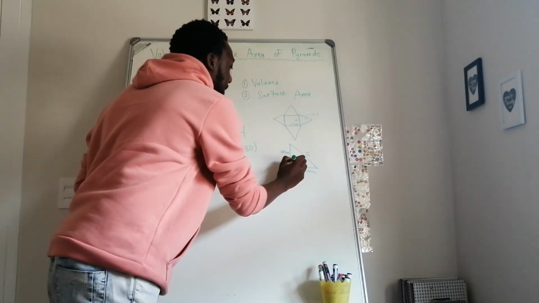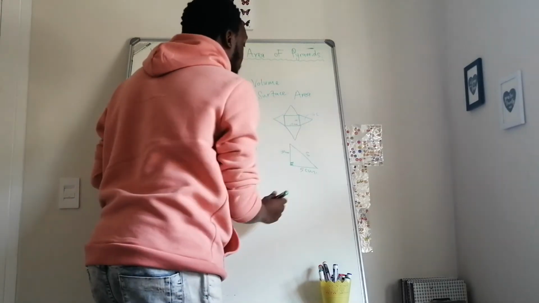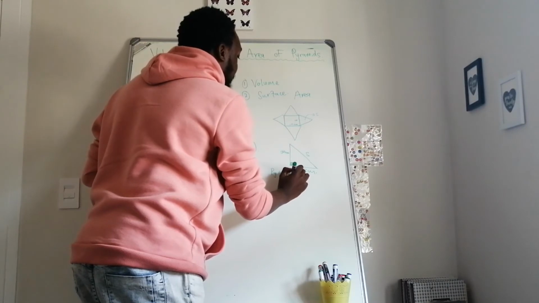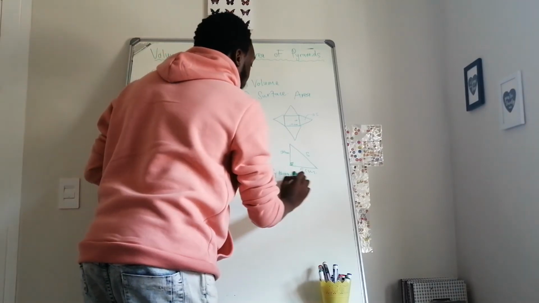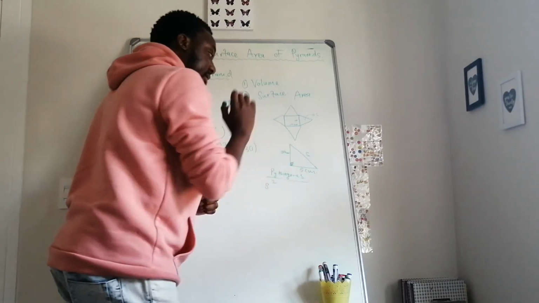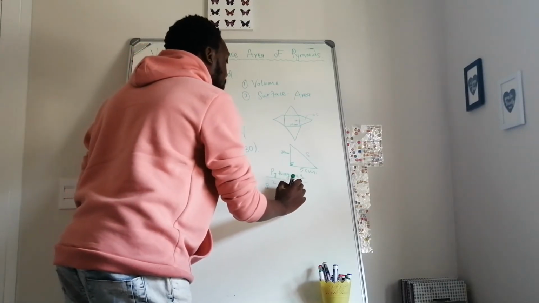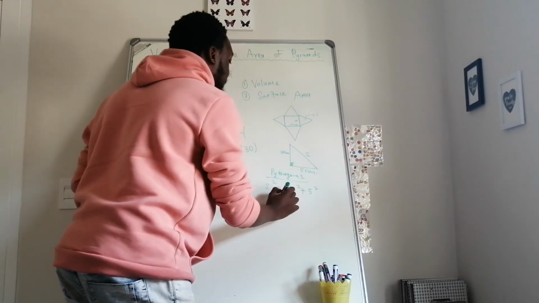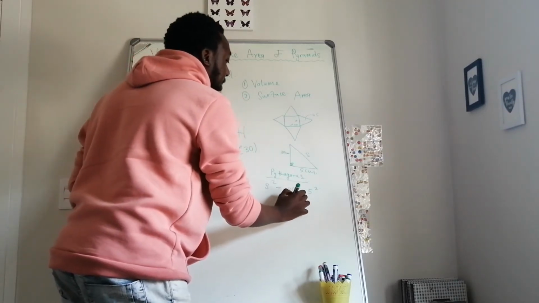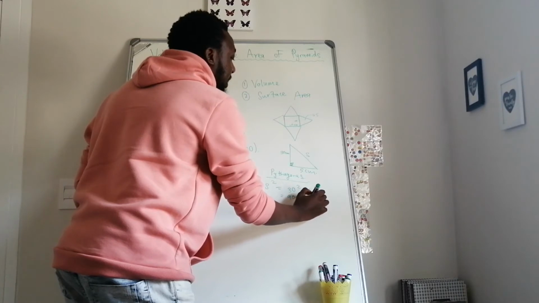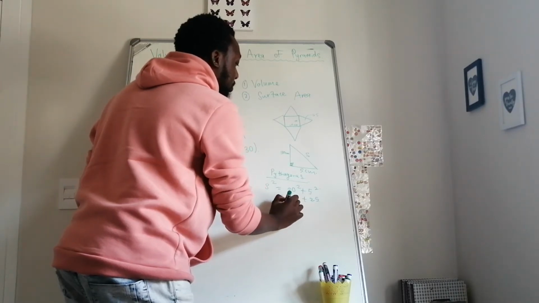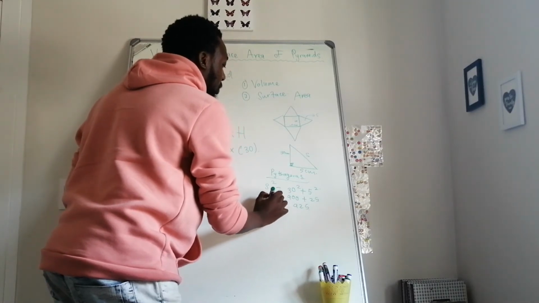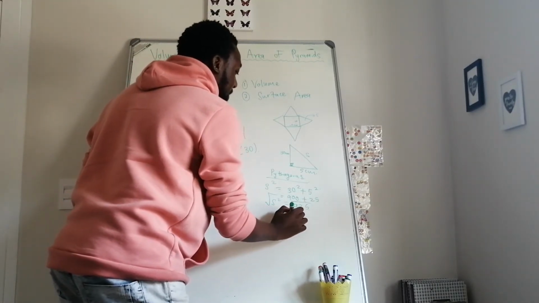So that forms a right angle triangle. Right angle triangle, you apply Pythagoras. So you're going to say S squared is equal to 30 squared plus 5 squared. 30 squared is 900. 5 squared is 25. So this just gives you 925. So S squared, we square root 925.